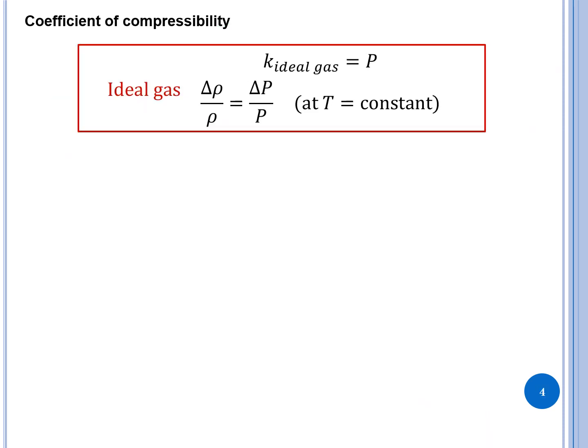Now for ideal gas, coefficient of compressibility is equal to absolute pressure. How is it so?